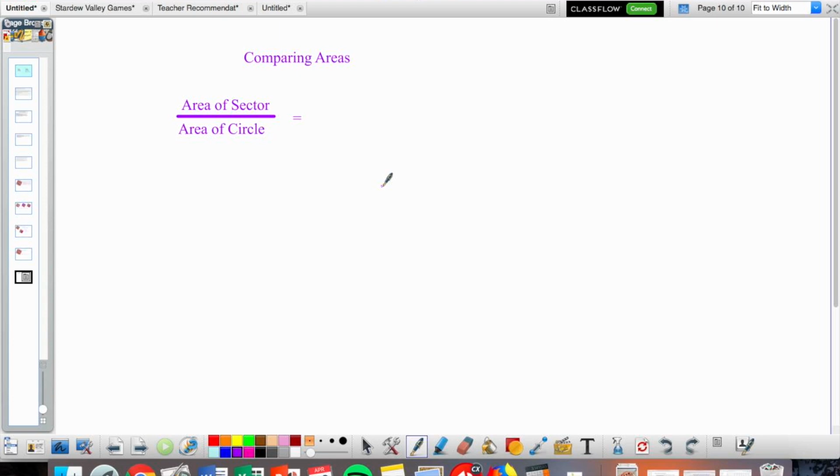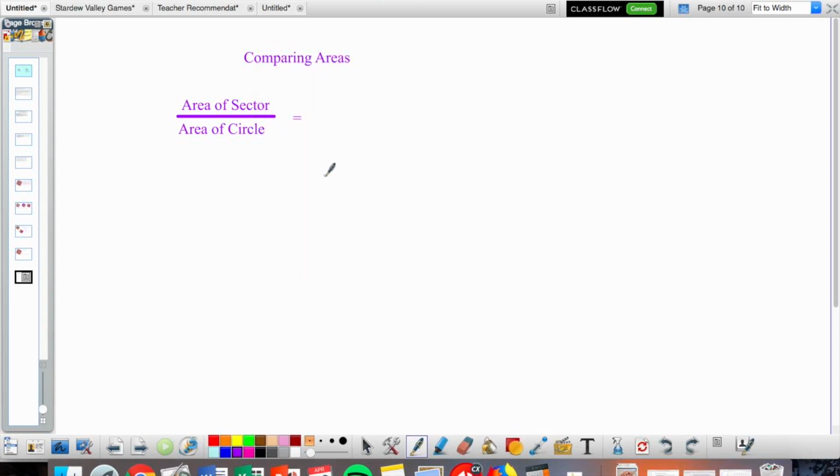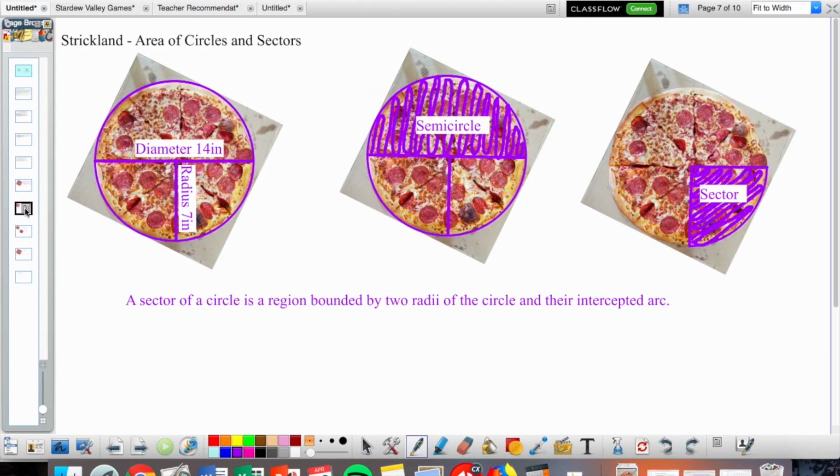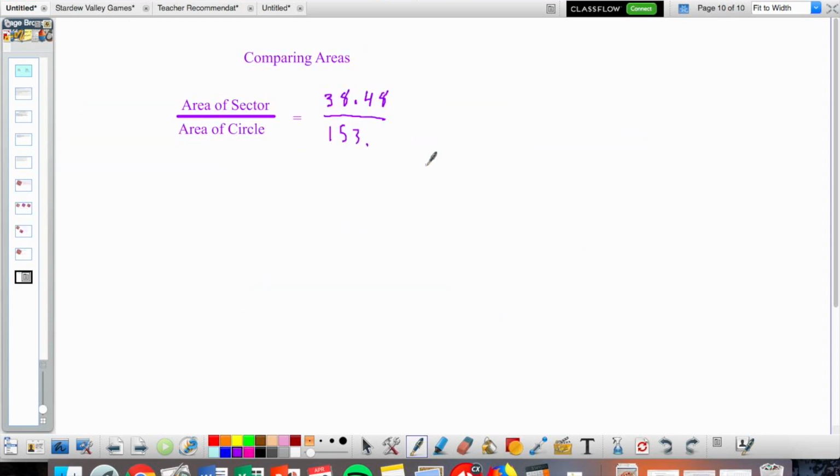So if I were to compare the area of my sector, that was 38.48, and divided by the area of the circle, that was 153.94. You want to use as exact answers as you can, but I think you'll get the point.